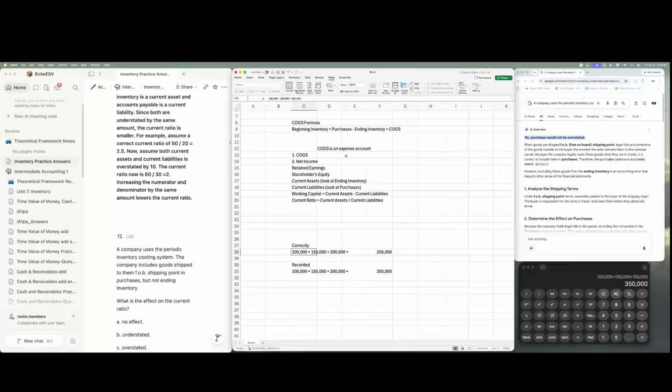What's actually in the warehouse is only 100,000. That's going to be the correct amount, but not in the ending inventory. So it's not counted in the ending inventory.